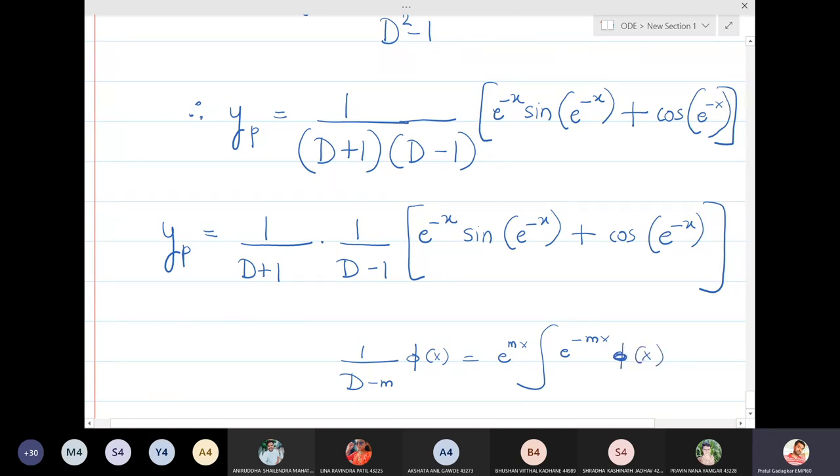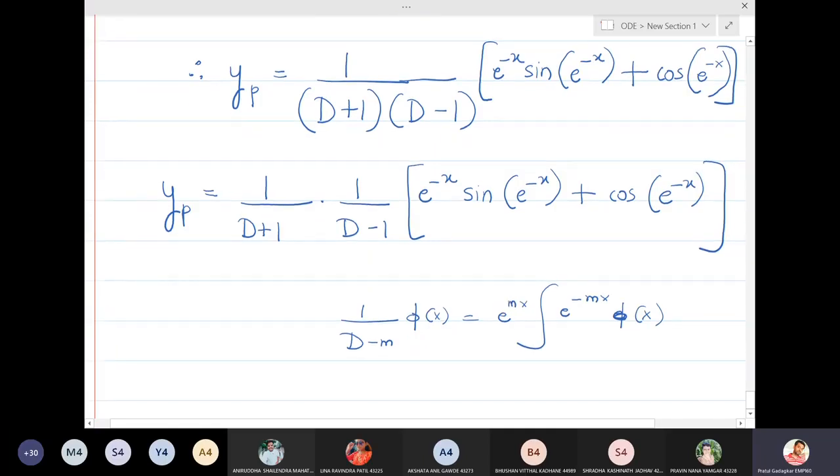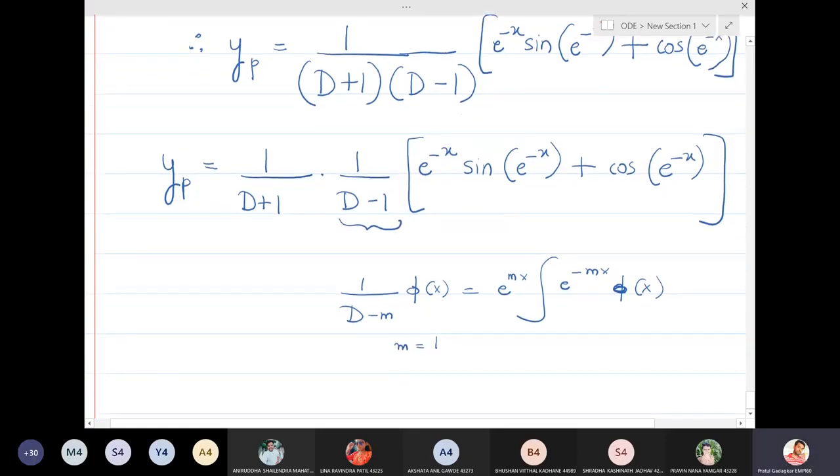Right? So here, if I put m equal to 1, what will happen? It will become e raised to 1x integration e raised to minus x into phi of x. This is a phi of x: e raised to minus x sine of something plus cos of something.